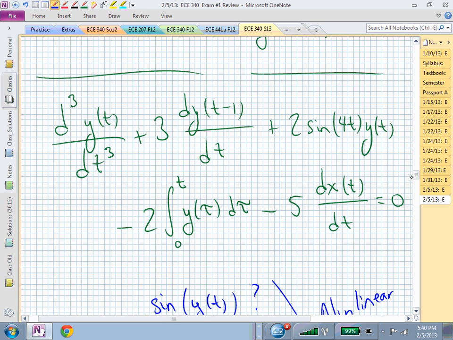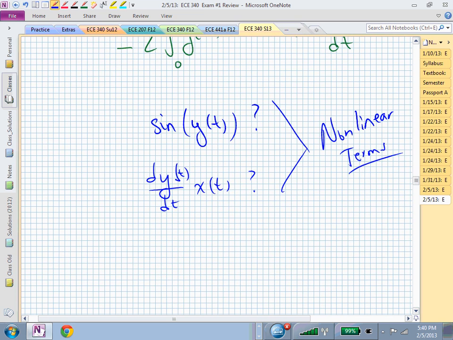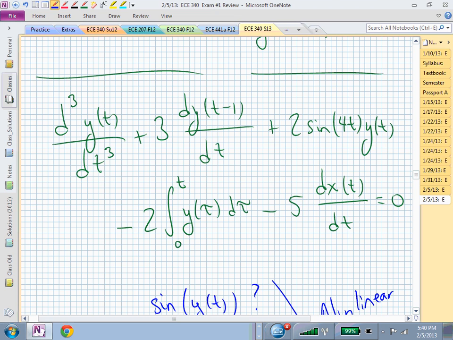In this green equation, do I have any nonlinear terms? No. So this particular green expression is linear. So now what we're doing is really taking this in the generic sense of the integral.